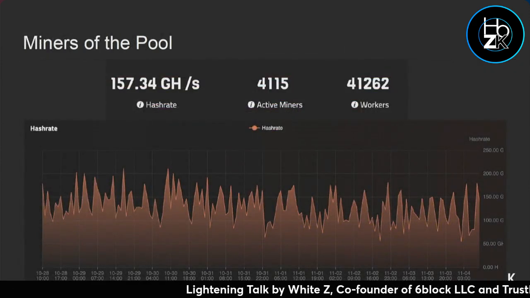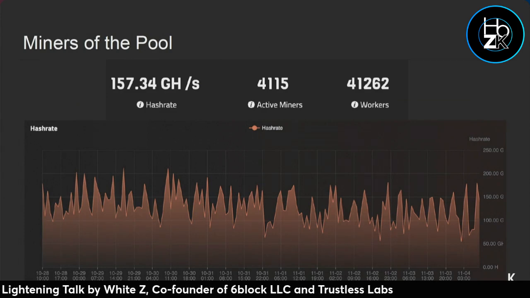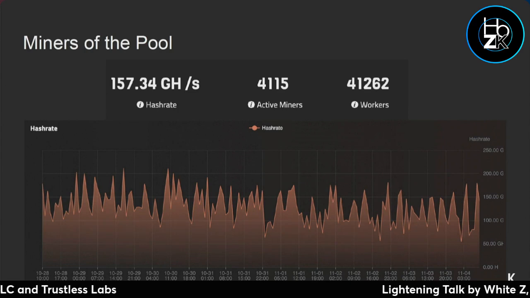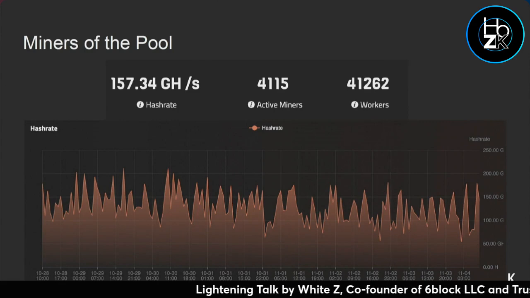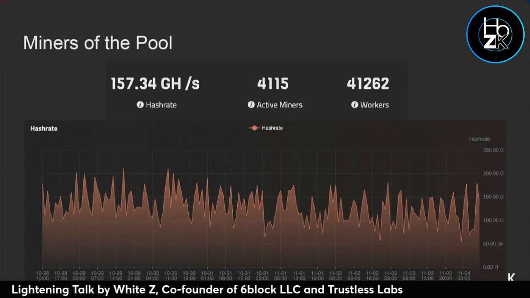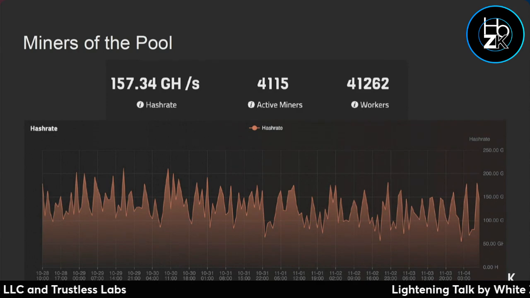Okay, and this is the hash rate of our mining pool. Right now, the hash rate of the mining pool is 157 gigahashes per second, and the miners, which means individuals who participate in our mining pool, number more than 4,000, and the workers, which means individual servers in our mining pool, number more than 41,000.